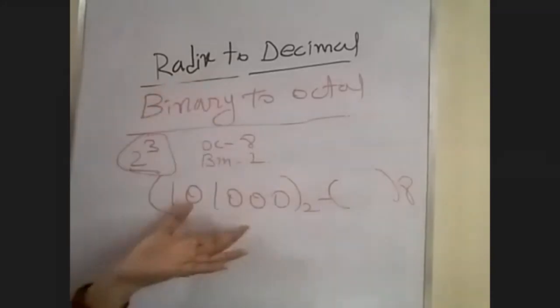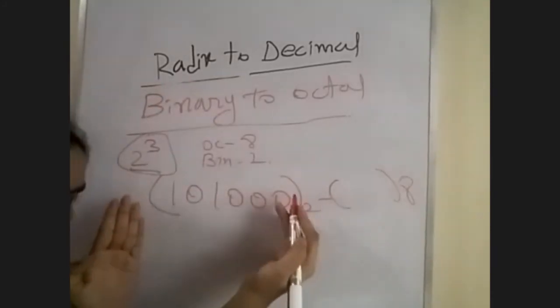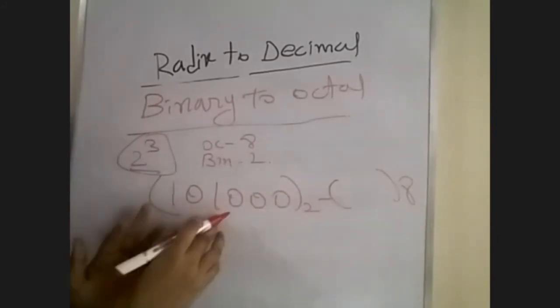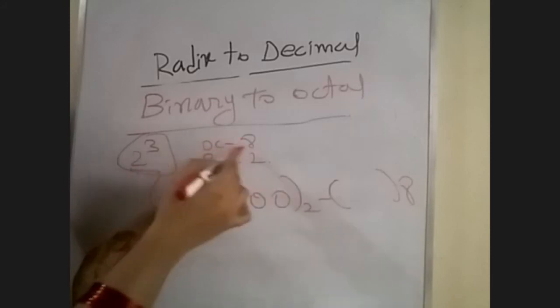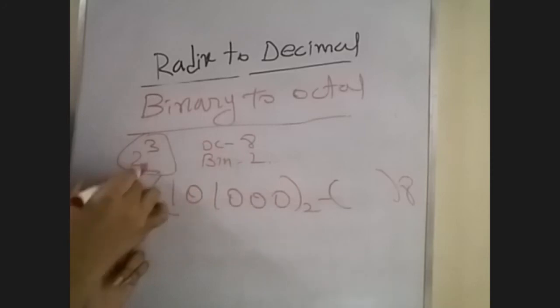In this binary to octal conversion, we have to divide the bits into groups of 3, from right to left. Why are we taking 3 bits? Because the octal base is 8 and the binary base is 2, so we can write octal as 2 power 3.